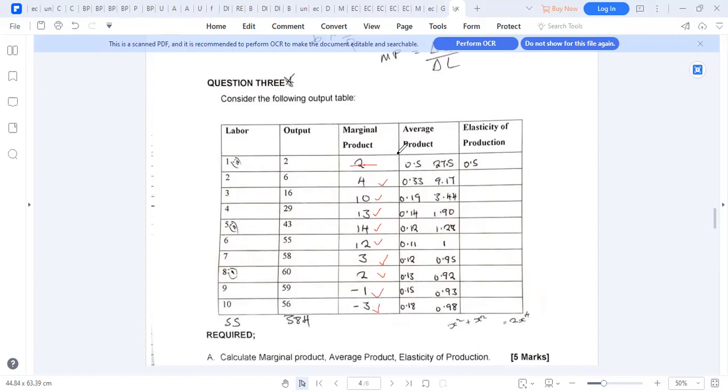Yes. And average product is simply the total product over labor. So we're dividing this by that. So 2 divided by 1. What do we get? 2. Yeah. 6 divided by 2. 3.